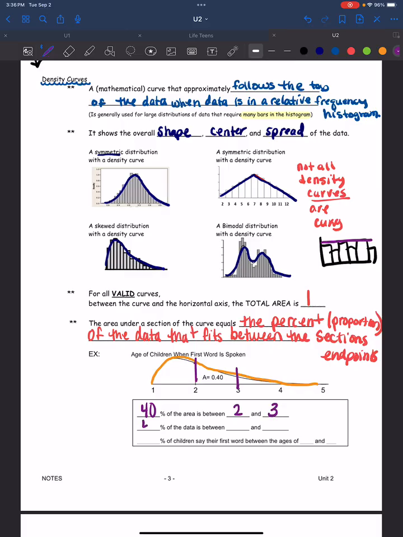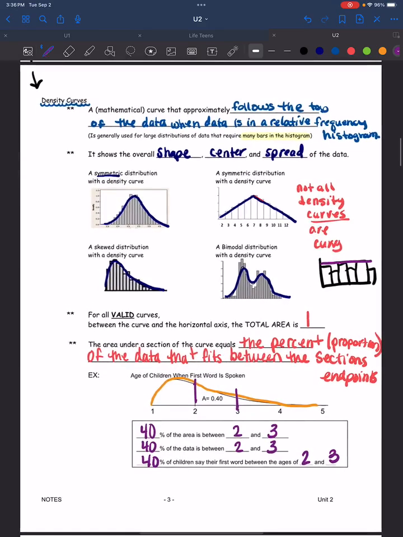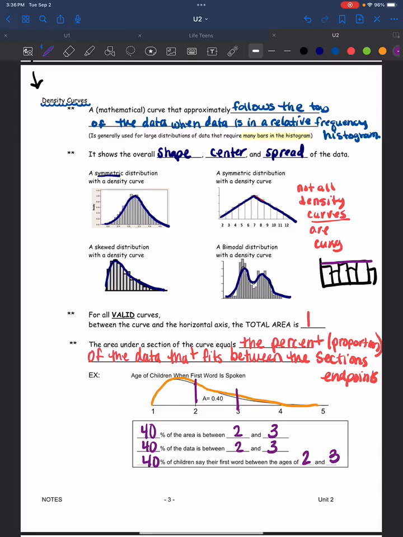We could also say that 40% of the data is between 2 and 3. So 40% of kids speak their first words between 2 and 3 years old. Putting some context to it, the data happens to be about children. So all density curves have an area of 1, talking about 100% of the data, and the area is proportional to the percent of that data.